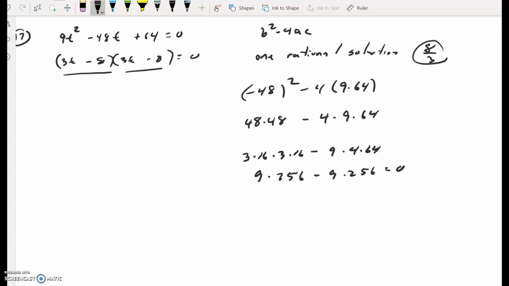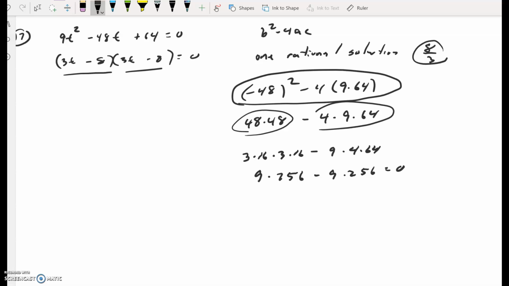At this point, you should probably grab a calculator and check this out. I didn't have a calculator handy, and I didn't feel like doing multiplication. So I messed around with the 48 times the 48 on this side and did some factoring and got them to both be equal so that I know that the subtraction is 0.